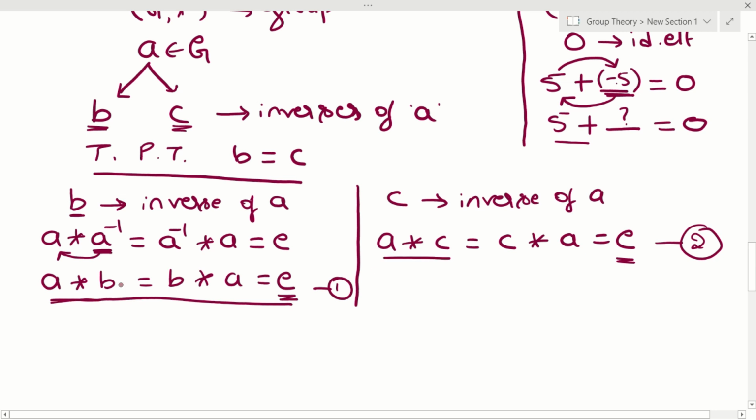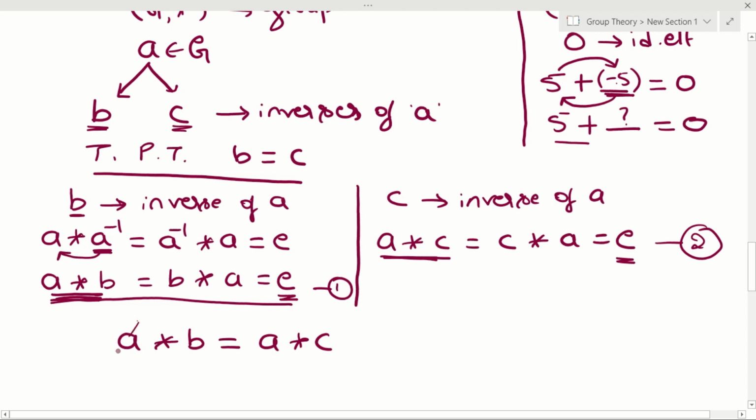Therefore, I take from 1 and 2, A star B is equal to A star C. Left hand sides are equal. Now use left cancellation law.